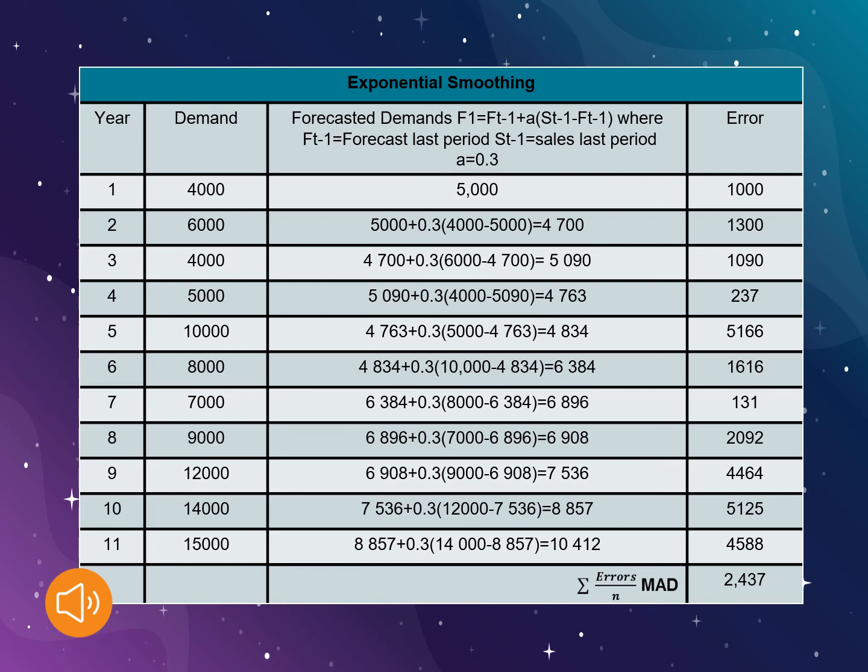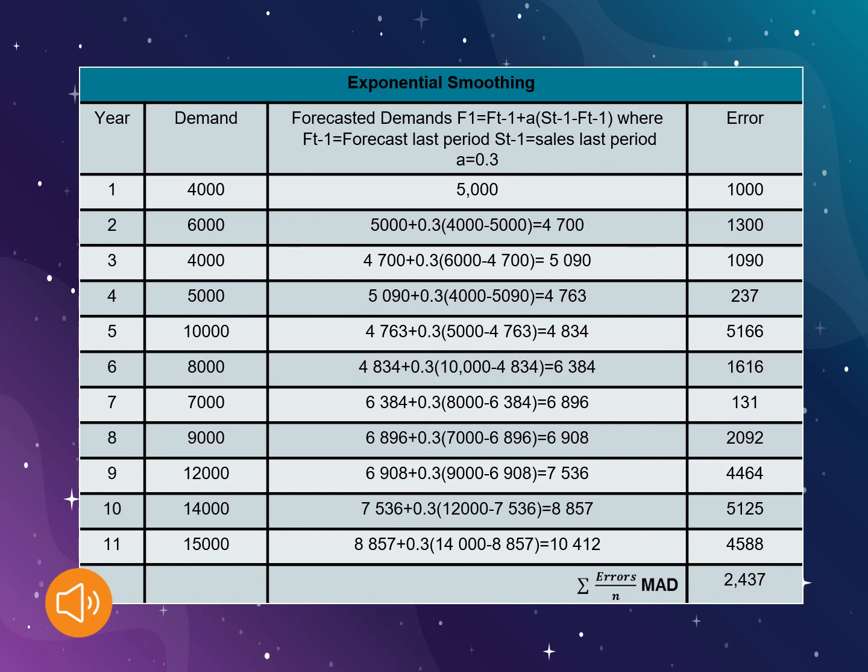If you remember, for the weighted moving average method, we actually have a MAD of 2.31. If you compare it to our exponential smoothing, we have 2.43.